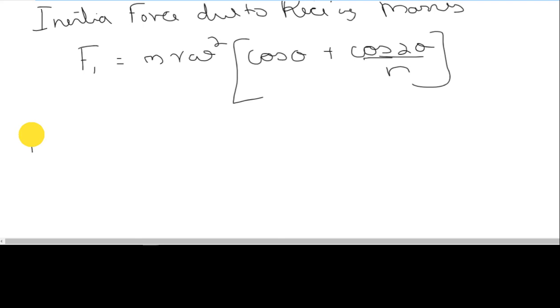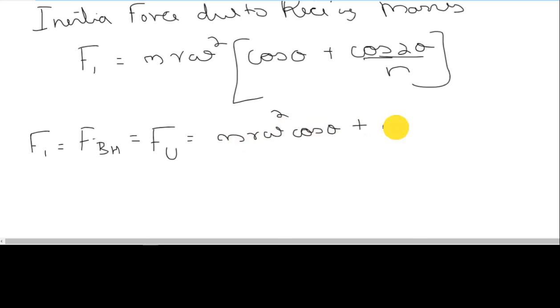So Fi equals FBH, that is the horizontal component of force on the bearing, that is our unbalanced force, so I am denoting it as Fu, U for unbalanced, that will be equal to mr omega square cos theta, expanding that bracket, plus mr omega square cos 2 theta whole divided by n.